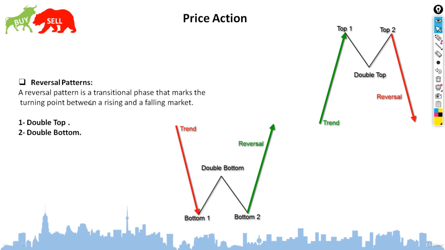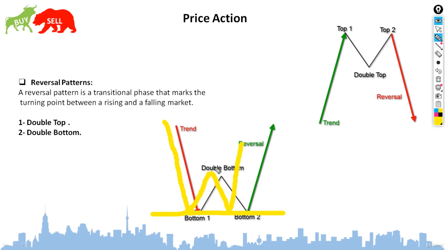A reversal pattern is a transitional phase that marks the turning point between a rising and a falling market. As we can see here, we have a downtrend, a bottom. This is the top, and the market will draw another bottom.